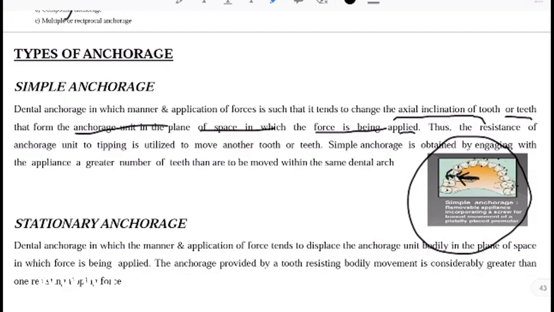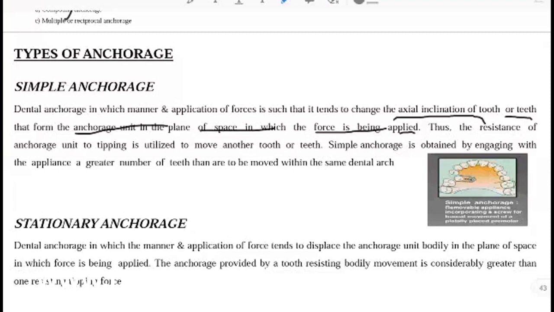That is what is happening with this particular example. Thus the resistance of the anchorage unit to tipping is utilized to move another tooth or teeth. Simple anchorage is obtained by engaging with the appliance a greater number of teeth, other than those that are to be moved, within the same dental arch.